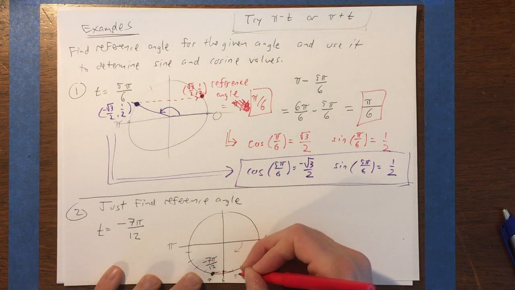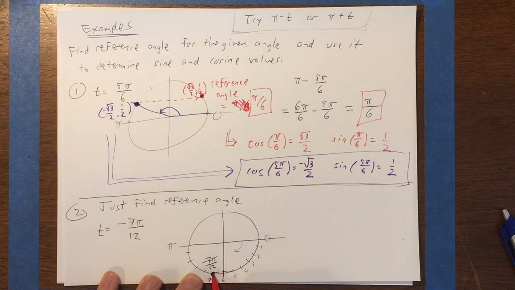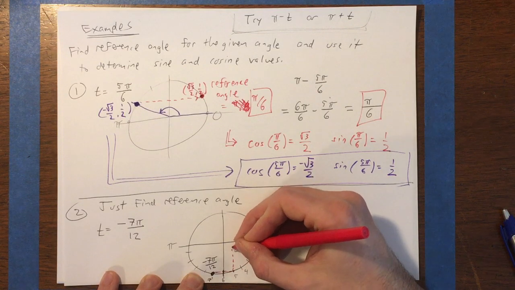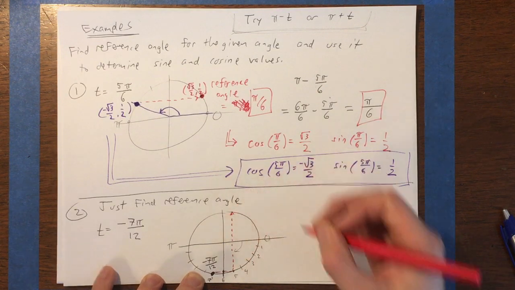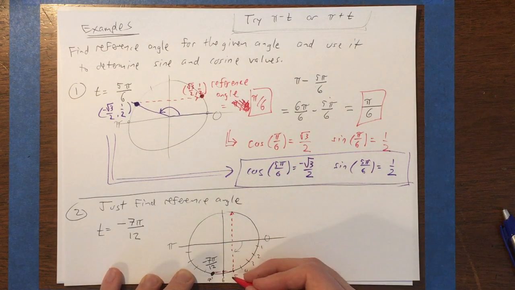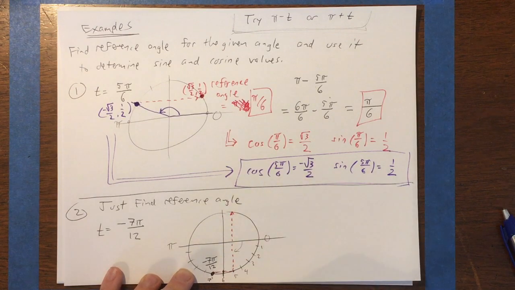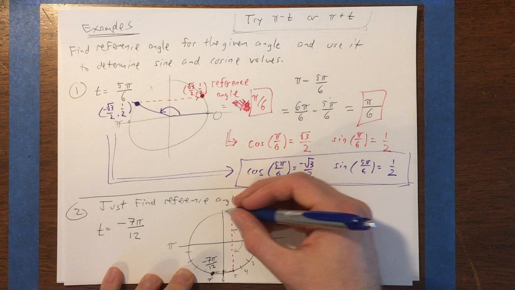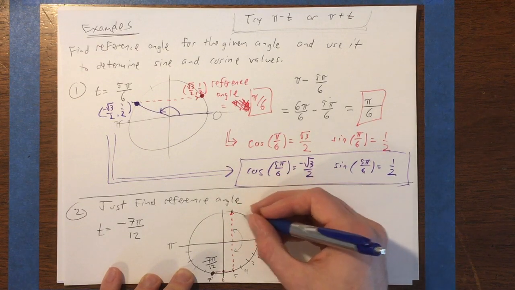So we're going to cross over the y-axis from 7. It's going to flip back over here to negative 5 pi over 12, and then if we reflect up over the x-axis, if that was negative 5 pi over 12, this up here is going to have to be positive 5 pi over 12. This is going to be, again, twelfths.